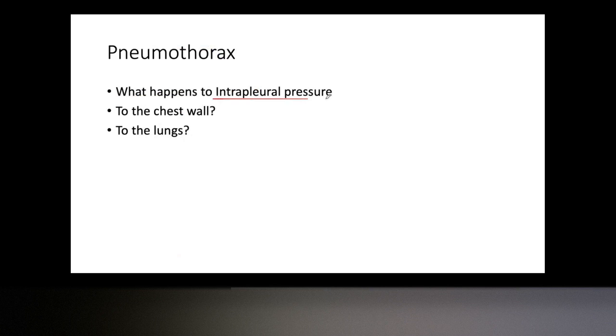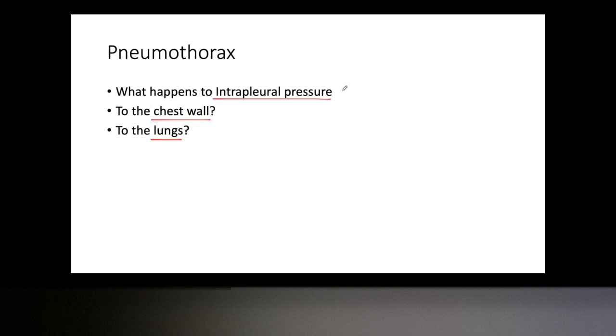Pneumothorax. What happens to the intrapleural pressure in pneumothorax? What happens to the chest wall and the lungs? Three things. Who wants to try? Okay, Lisa, you can say.